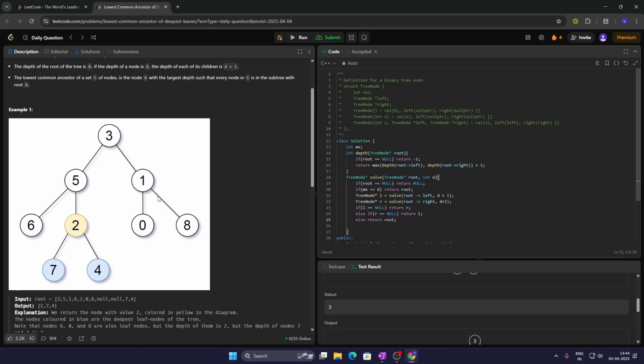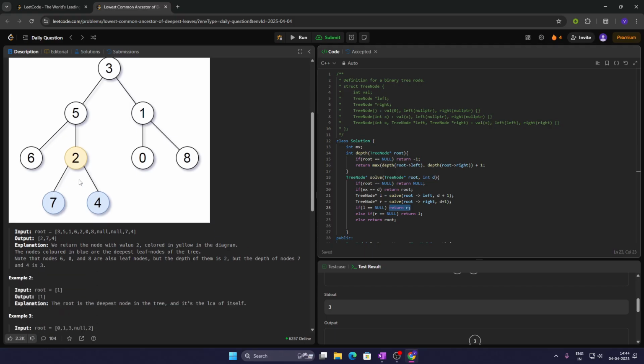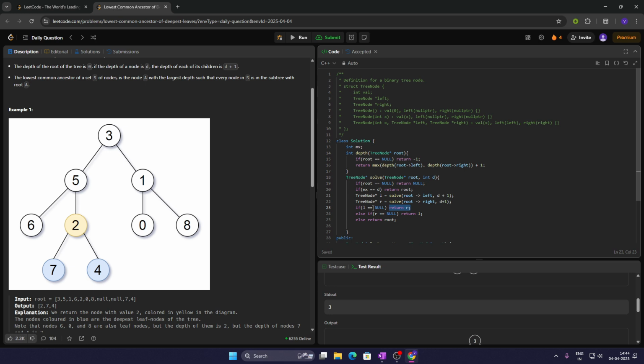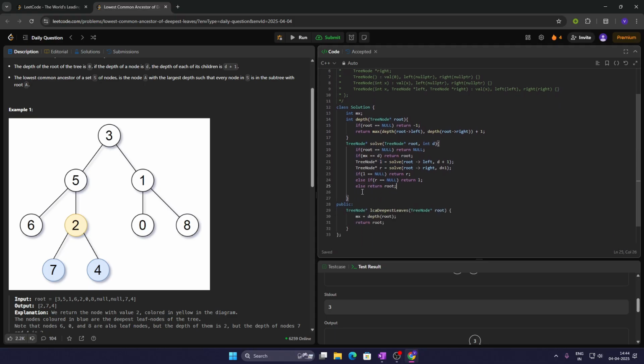If the left subpart is null, then we will return the right subpart here. Similarly, if both are not null, then we return its root, right? If the left value is not null and the right value is also not null, then we will return its root here.